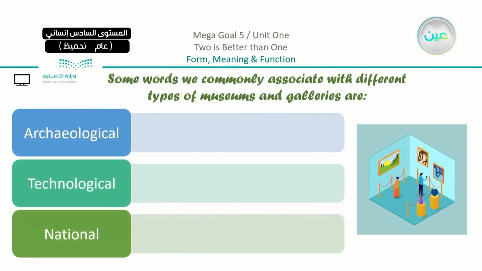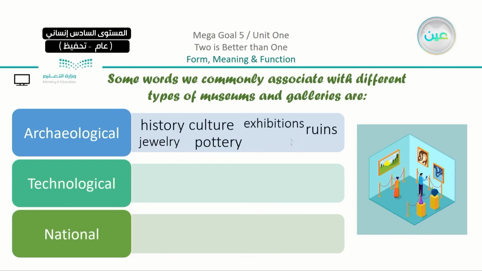Now in the book we have some words we commonly associate with different types of museums and galleries. First, we have words that are related to archaeology. We can see that we have ruins, history, jewelry, culture, pottery, exhibitions, and antiques. Then we have other words that are related to technological galleries or museums.